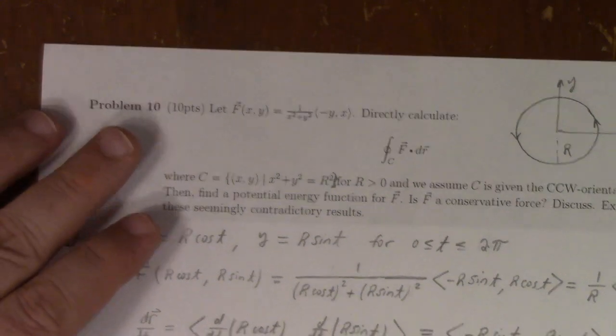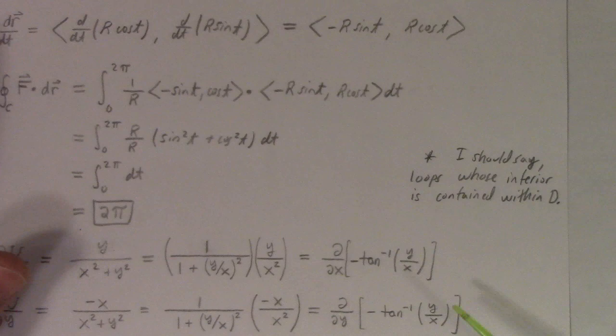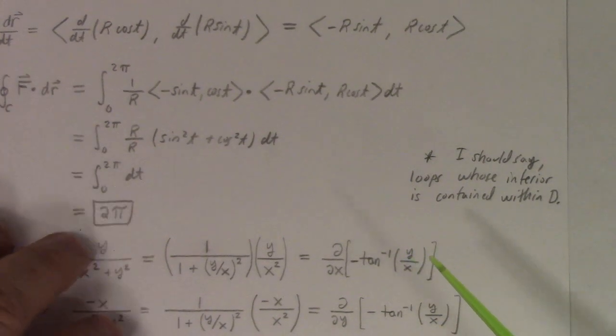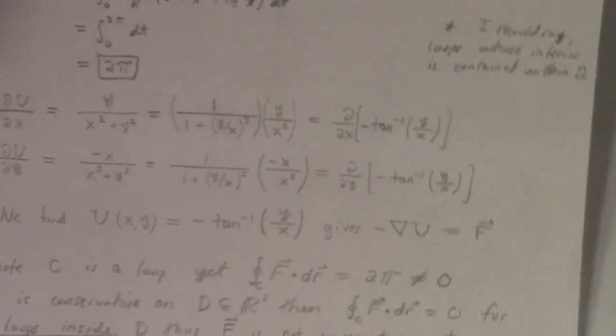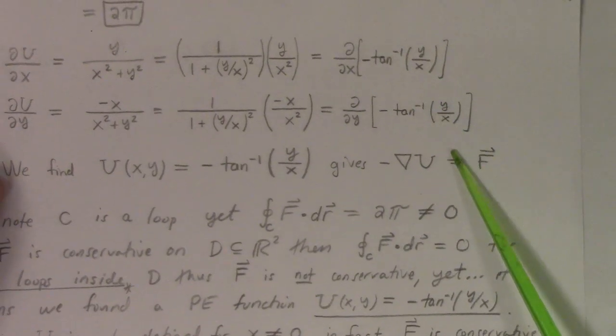And vice versa, this formula that we found actually doesn't work all the way around. It has to have an angle jump. If you look at it, this formula doesn't work if x is equal to 0.